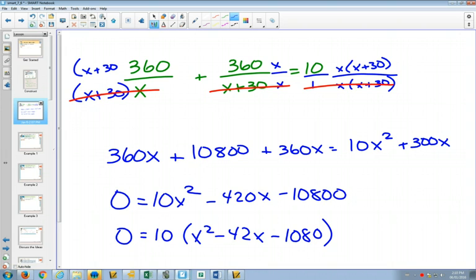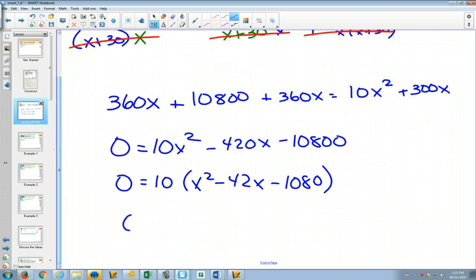One of them is going to have to be positive, and one of them is going to have to be negative, because you need to get a negative 1,080.